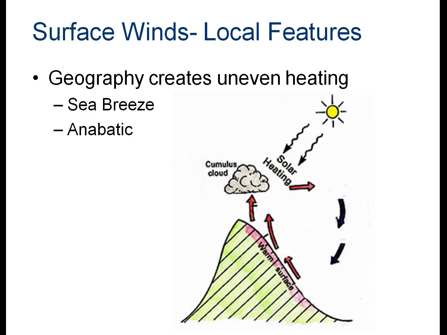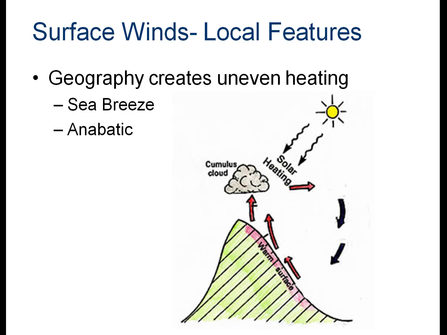Another one is if you're by a mountain. So the weather on one side of a mountain is very different than the weather on the other. In fact, you can go from a tropical environment to a near desert environment on the other side. An example here is an Anabatic Flow, and that just means that I've got warm surfaces and the heat is rising because of the warm surface of the mountain.